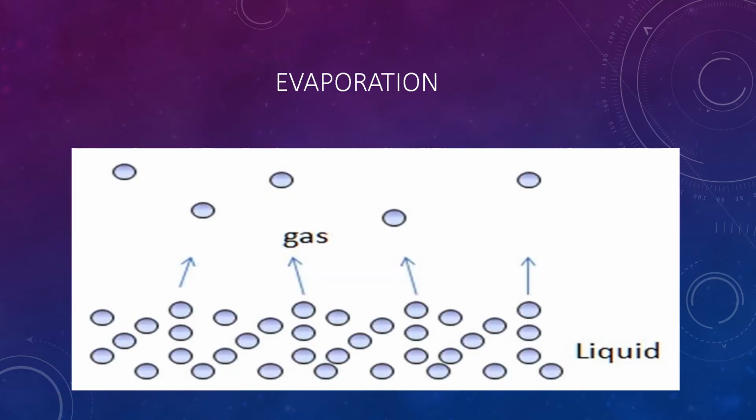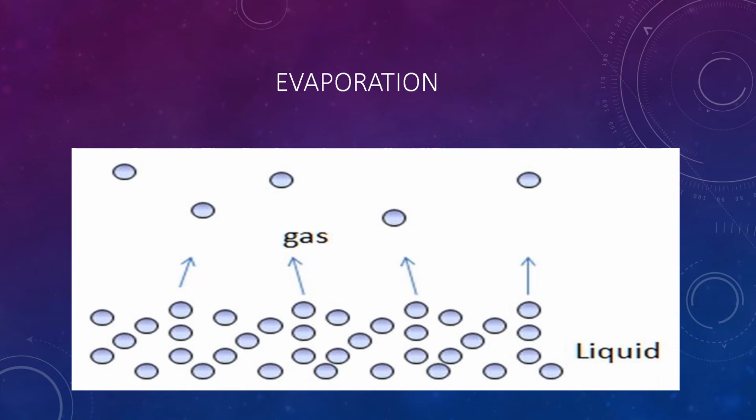Then, other than boiling, there is one more phenomenon that occurs in nature where the liquid turns into gas below its boiling point, and this is known as evaporation. Evaporation is a very natural process where the liquid from the water bodies turns into gas, particularly because of the sun's heat.